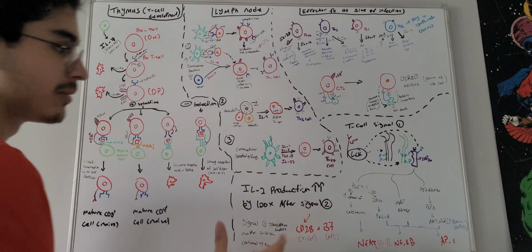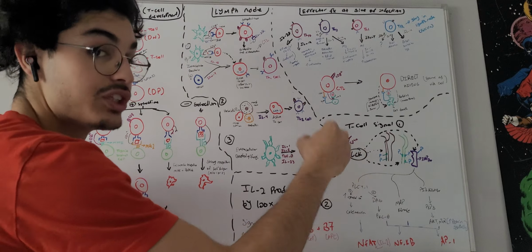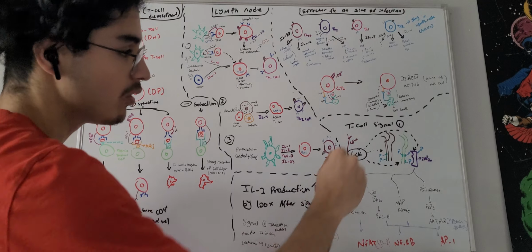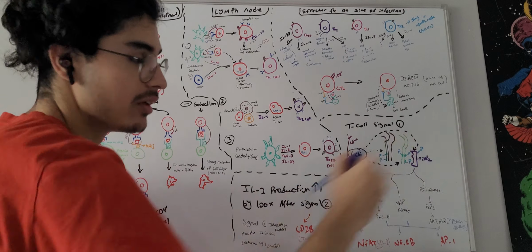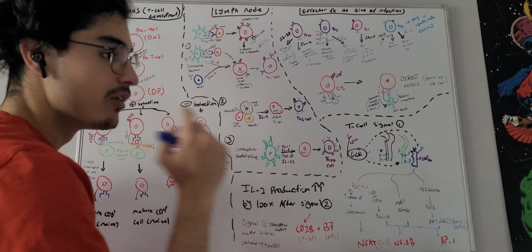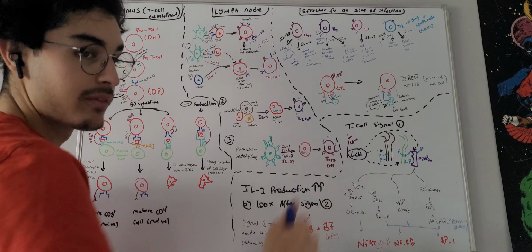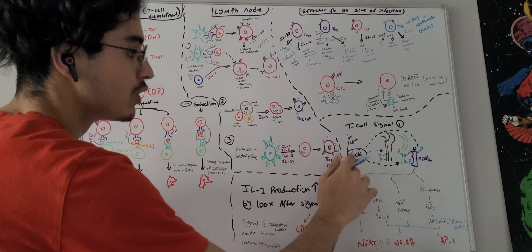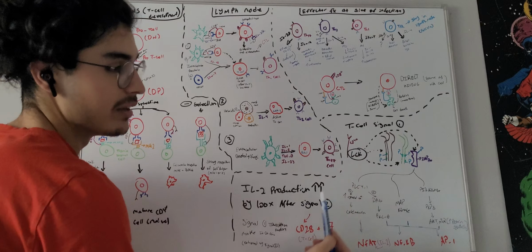Once they do that, the CD4 positive or the CD8 positive molecule on the intracellular side, they're going to start bringing this kinase, this phosphorylating kinase, LCK, close to this brown and this green thing.